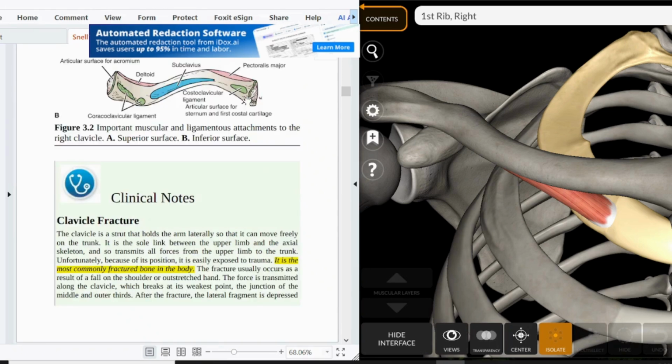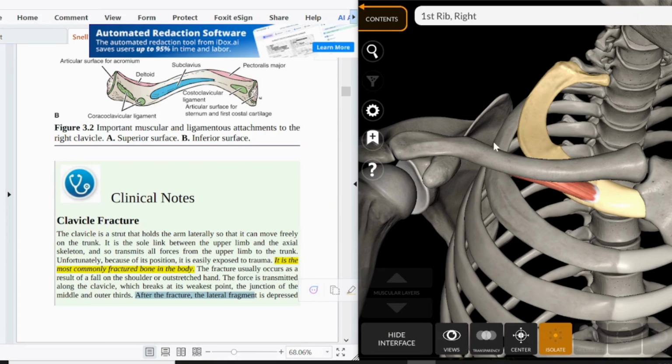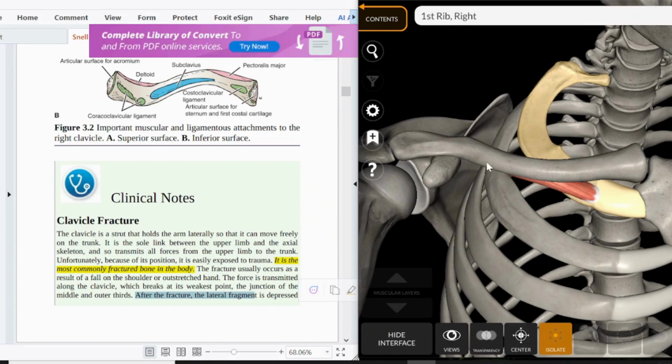What happens after the fracture? For example, if a clavicle is fractured over here, this would be the distal or lateral fragment, while this would be the medial fragment.